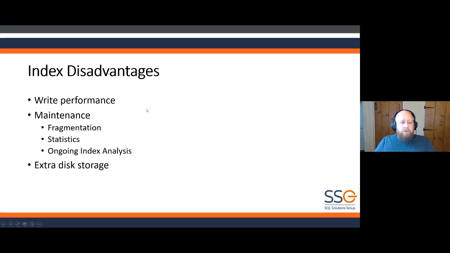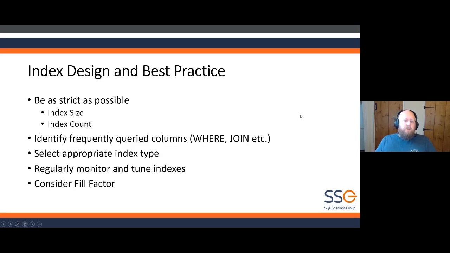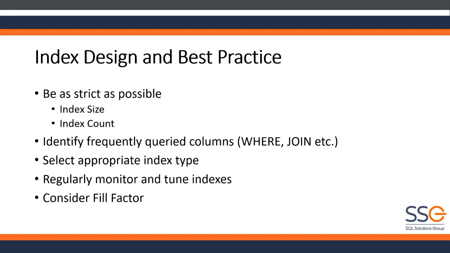So with those in mind, when we talk about index design and best practice, you want to be as careful as you can and as strict as you can with indexes. That's both in the context of the contents of each individual index, but also the total count of indexes that you have. So when you're creating an index, you don't just want to index one field and then include everything else on the table.